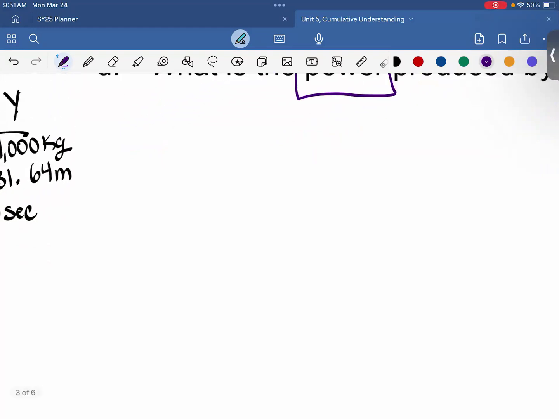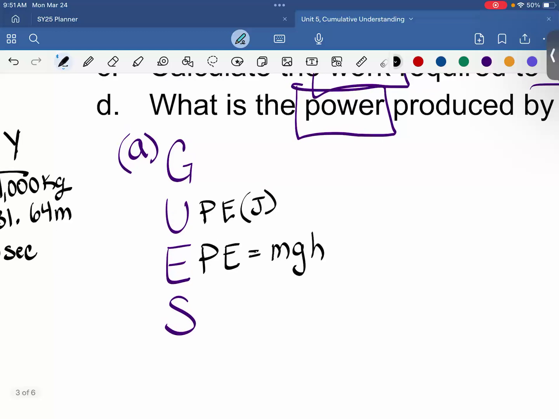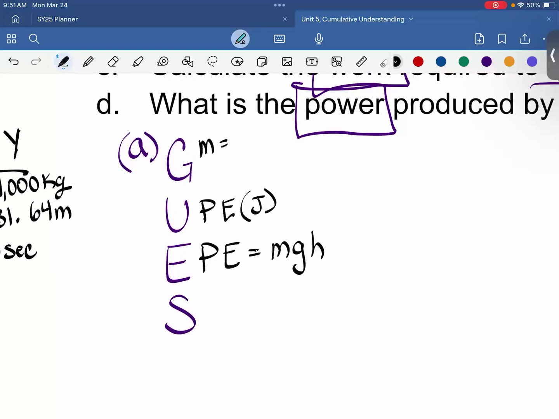So A tells us to solve for potential energy. All energy is measured in joules. And the equation for potential energy is mass times gravity times height. Well, like we just figured out, the total mass of the ride and the riders is 24,000 kilograms. Gravity is a constant value that we should know by now at 9.81 meters per second squared.